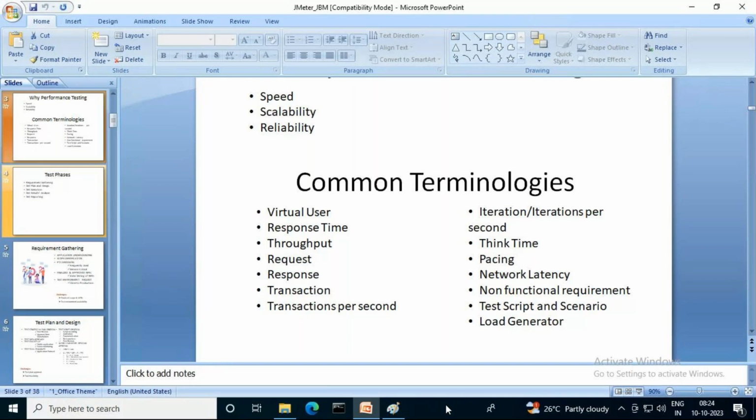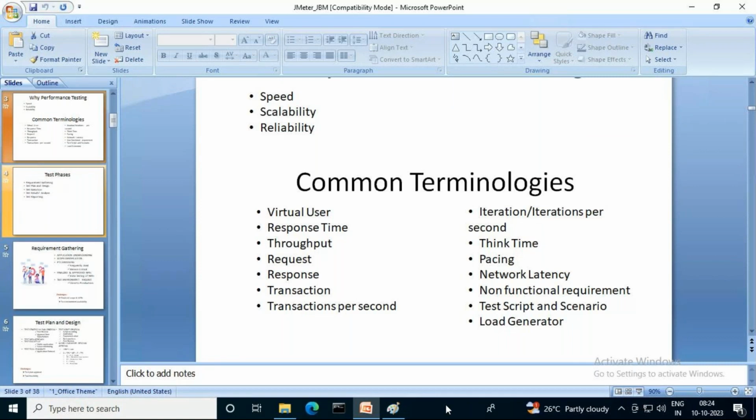Inside CPU utilization again you have processor time, system time, the percentage of time spent by the processor, then the idle time. For memory, similarly, page faults. For disk, the number of bytes read per second and bytes written per second. There are also network metrics. There are so many on the server side.